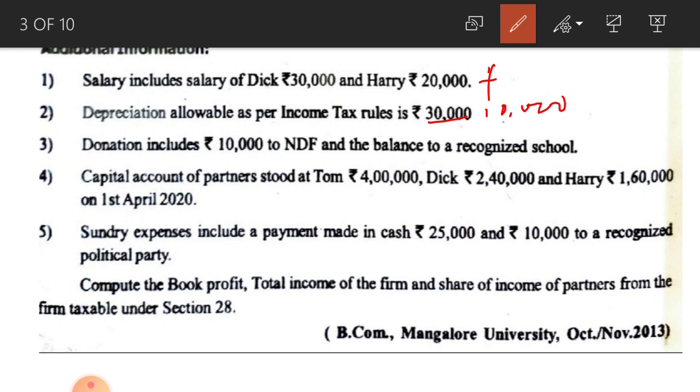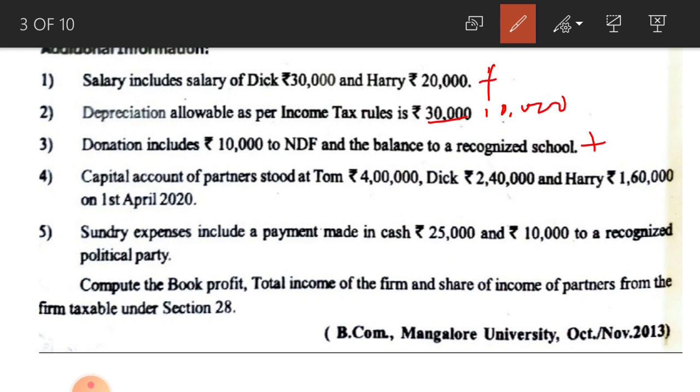Okay, and donation includes 10,000 to National Defence Fund and the balance to a recognized school. These two donations are disallowed items, so you have to add these two things to the net profit. And while calculating the total income, you have to consider these two donations under section 80G. That is, you have to deduct these two things from the gross total income.